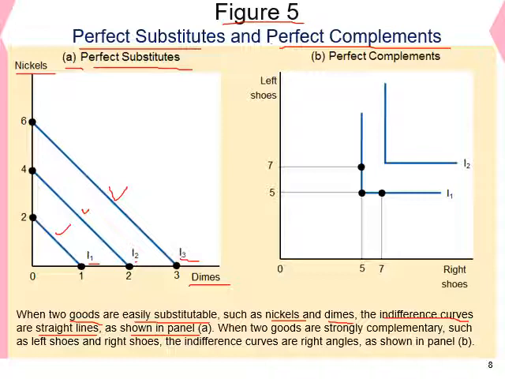On the other hand, panel B talks about perfect complements, such as left shoes and right shoes.